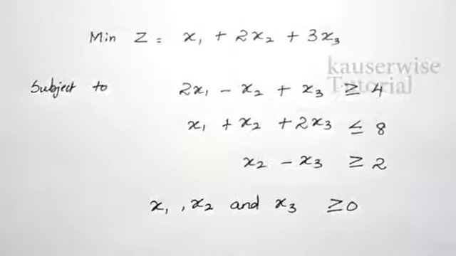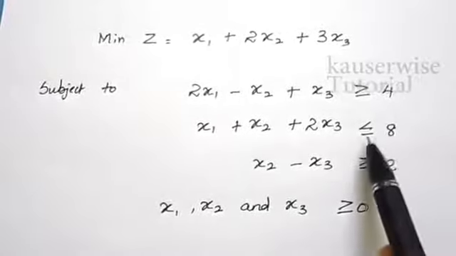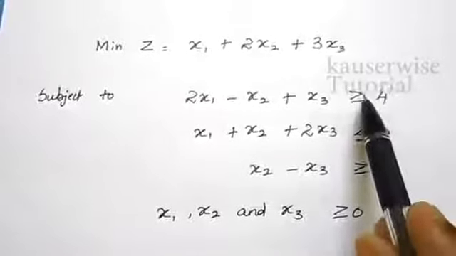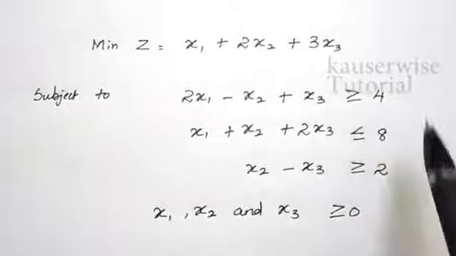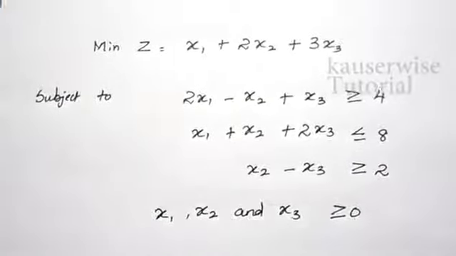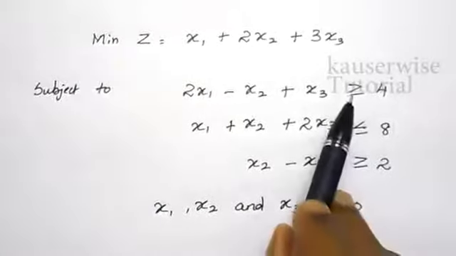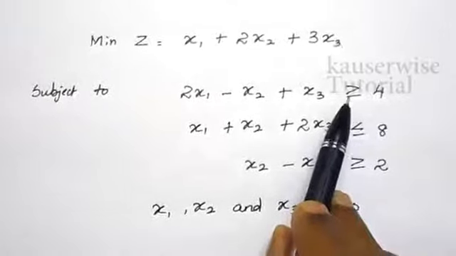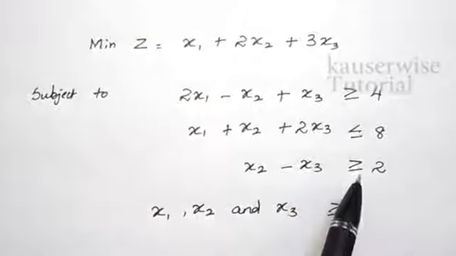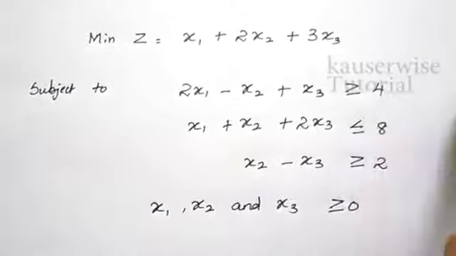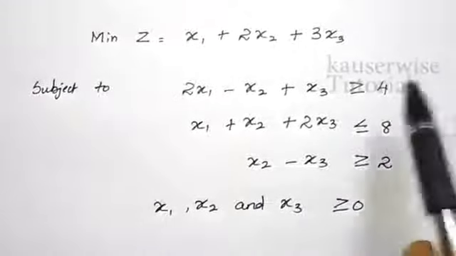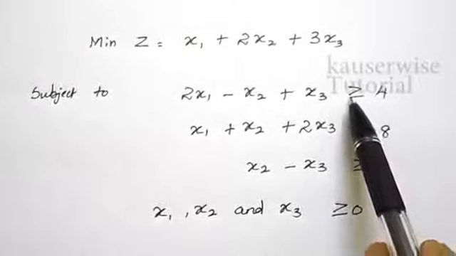For a minimization problem, we need to have only less than or equal to type. But here we have greater than or equal to in two constraints, the first constraint and third constraint. The first step is to convert the greater than or equal to into less than or equal to wherever it is required. So in this problem, we have to convert the first as well as the third constraints, because both have greater than or equal to.